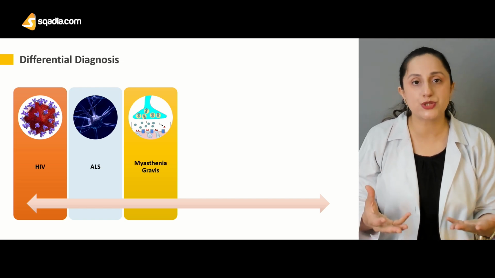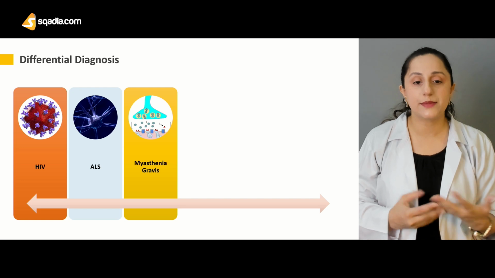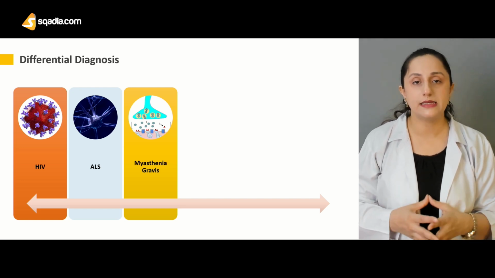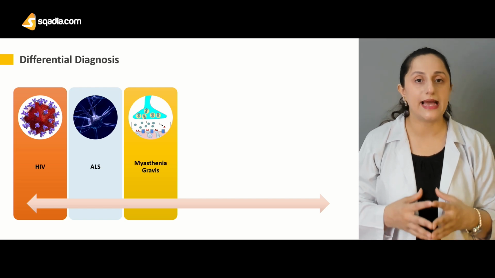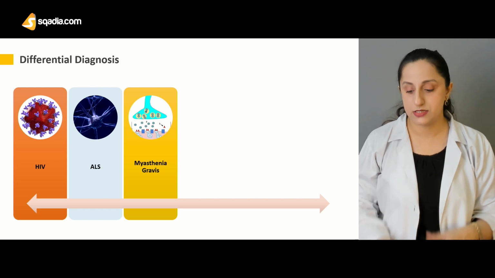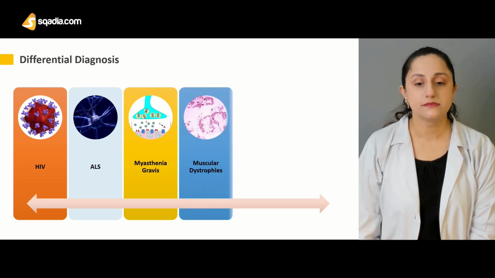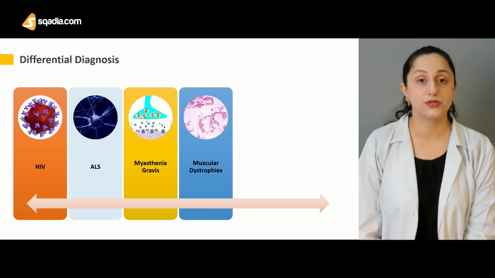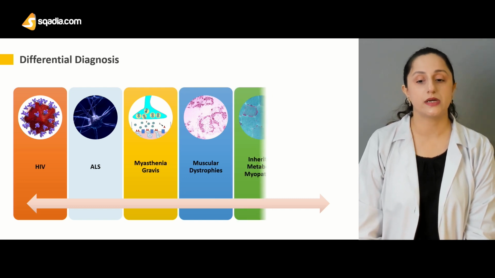It's an autoimmune disorder, and the underlying pathology is again an autoimmunity. But obviously, the definitive diagnosis and the lab investigations are going to clarify the picture accordingly in cases of myasthenia gravis. Then we have to rule out any other muscular dystrophic conditions over here.